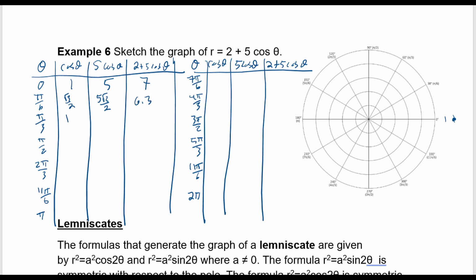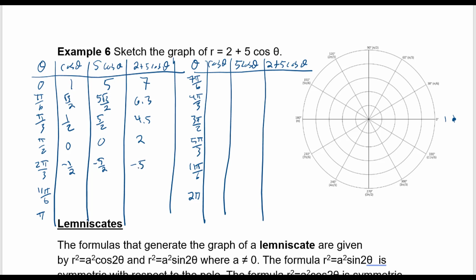For pi over 3, cosine is 1/2, so 5 times that is 5 halves, which brings us out to 4.5. Pi over 2: cosine is 0, 5 times that is still 0, so we get 2. For 2 pi over 3, cosine is -1/2, so -5 halves, and 2 plus that is -0.5.